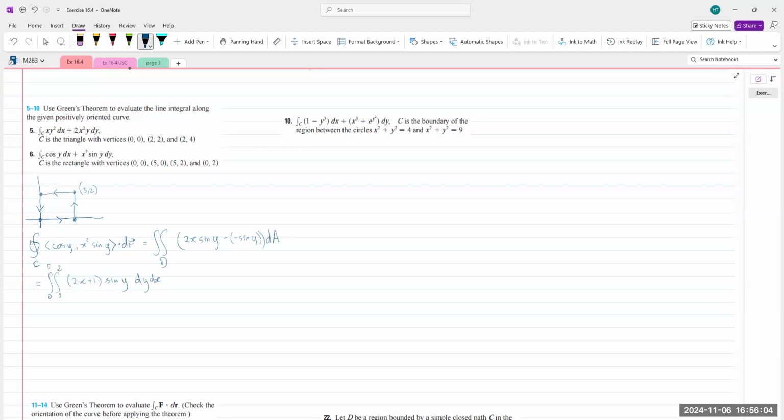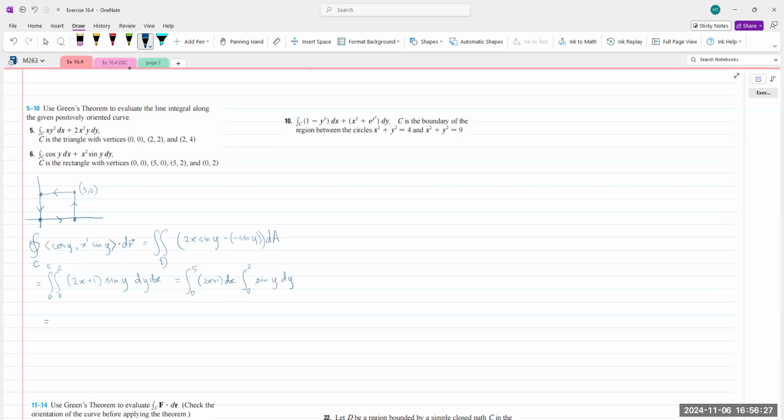The benefit is that the domain is a rectangle and the integrand is separable. So this becomes the integral from 0 to 5 of 2x plus 1 dx, times the integral from 0 to 2 of sine y dy.